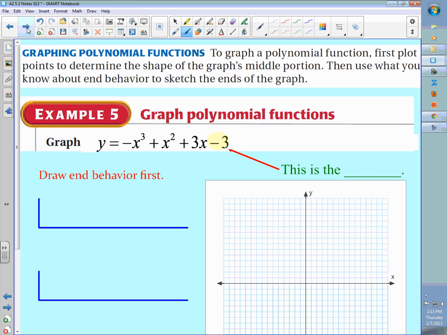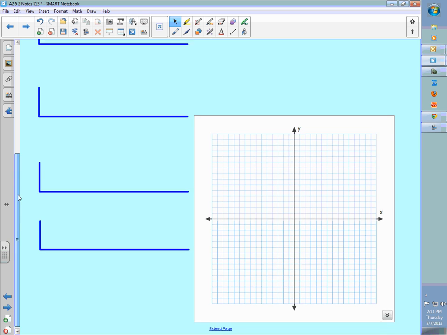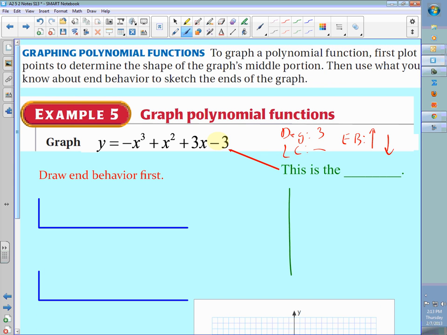So tonight they're going to ask you to graph. This is, again, all I expect from you. All I care about is end behavior tonight. You don't need graph paper. I want you to tell me what's the degree, what's the leading coefficient, and the end behavior. Up on the left, down on the right. So all I'm asking you to do is this.